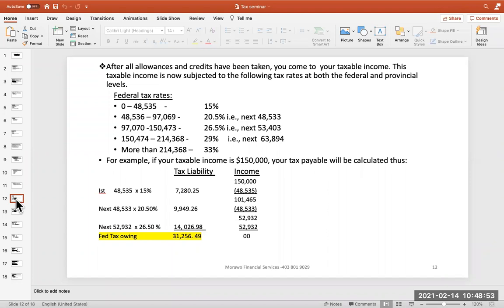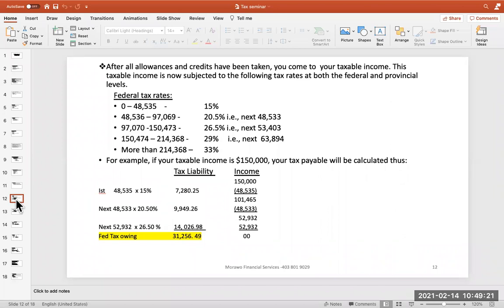Then you come to your taxable income. And now your taxable income is subjected to the following tax rates at both the federal and provincial levels. The federal government will tax you, take their own. The provincial government as well will tax you to take their own portion. And these are the rates that they use.